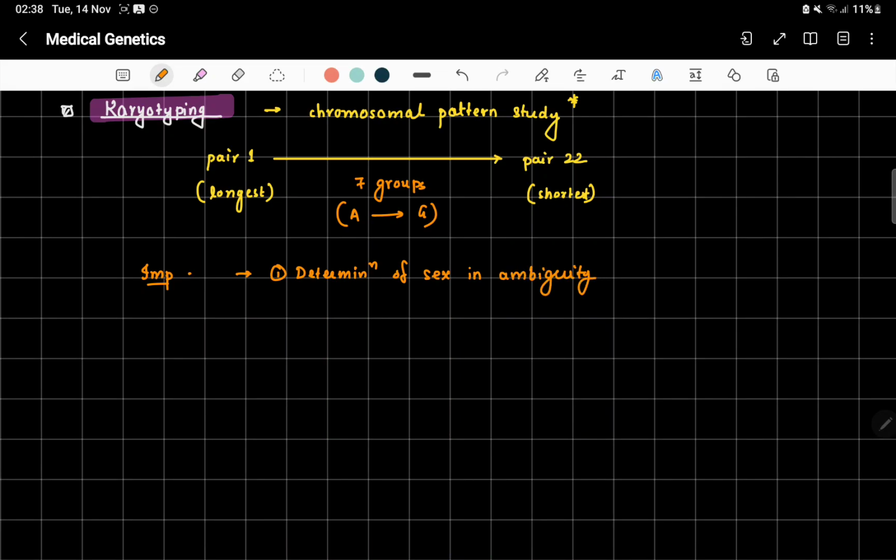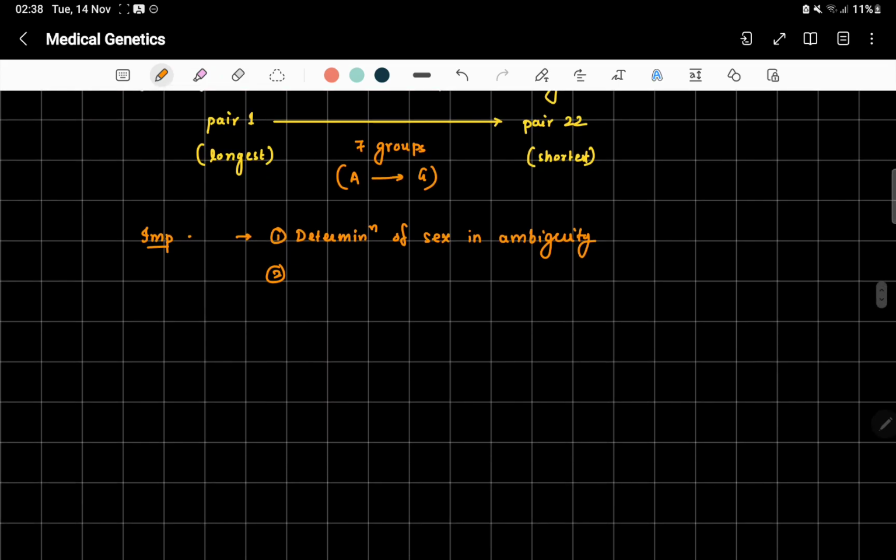If there is ambiguous sex, or some genital organs are not yet developed, then karyotyping is useful. It is also useful for chromosomal aberrations.